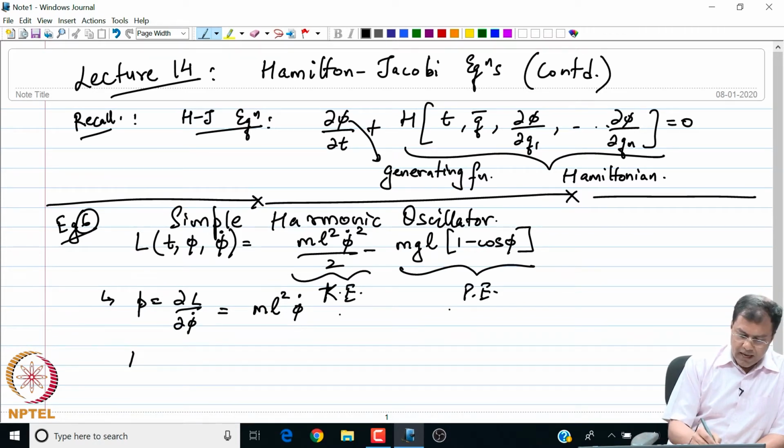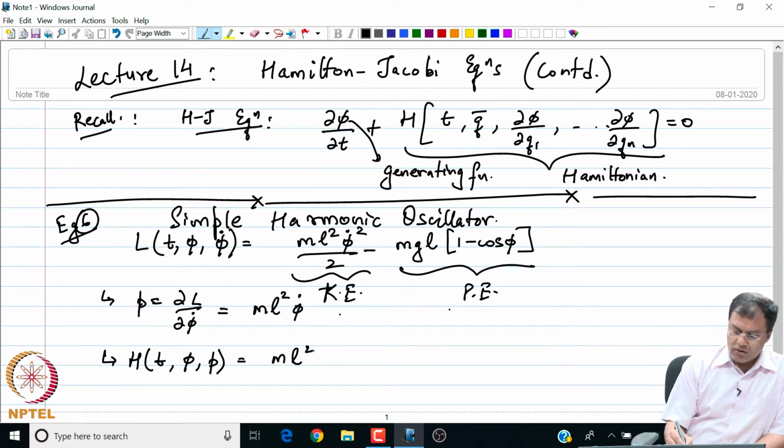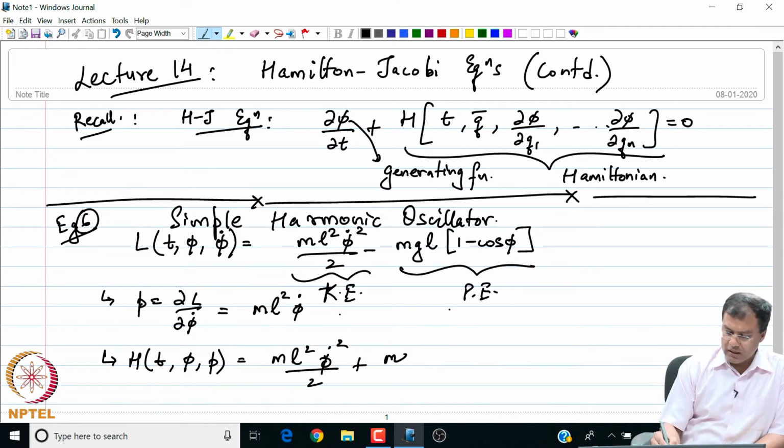So, my H of t comma phi comma p is m L square phi dot square by 2 plus 1 minus cos phi terms.